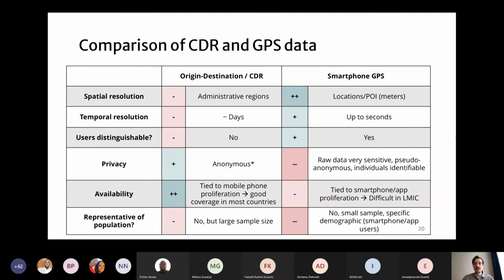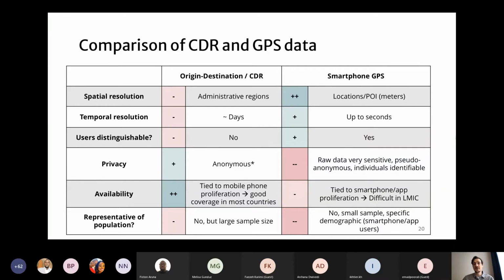So, okay, this is just a table. I will just go over it quickly. You can look at it also later in the slides. Just a summary of the advantages of CDR data and GPS data. So in general, GPS data is a lot more accurate, has a higher spatial and temporal resolution, and most often the users are distinguishable. However, with that come some privacy concerns, whereas CDR data is in general anonymous because you only know the number of individuals that move.